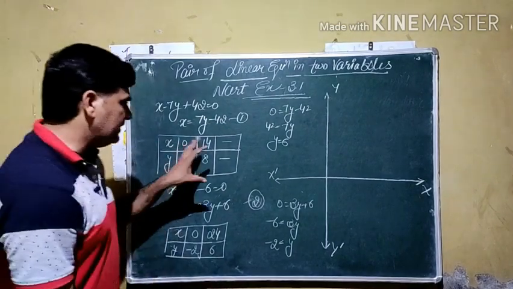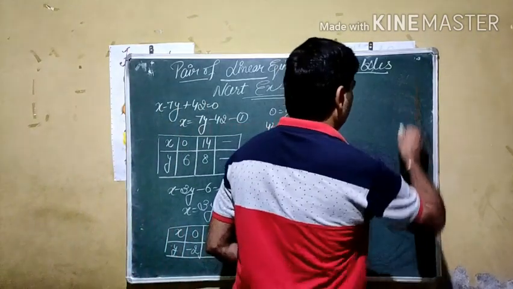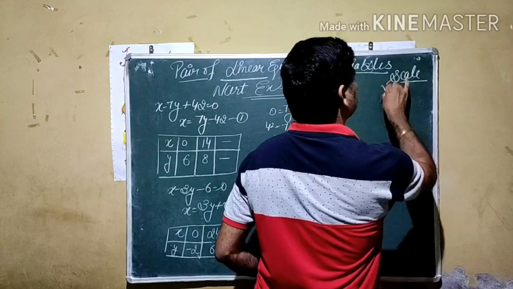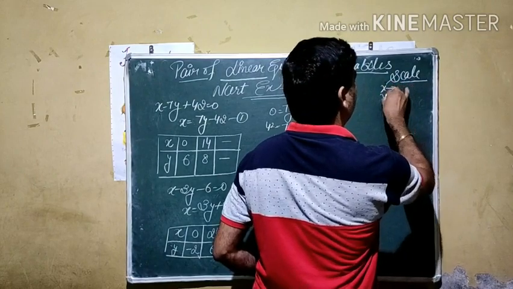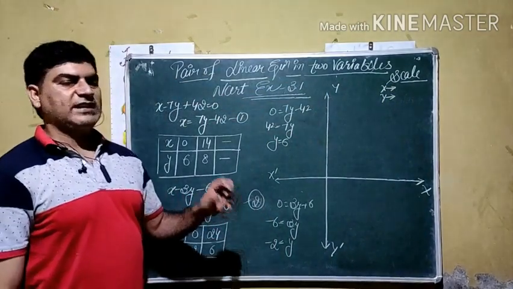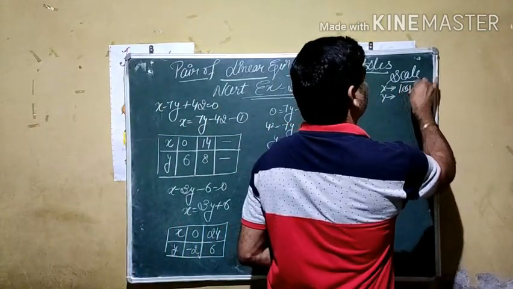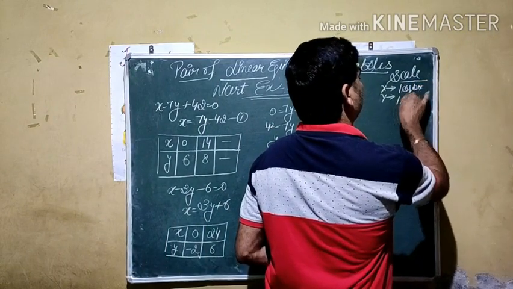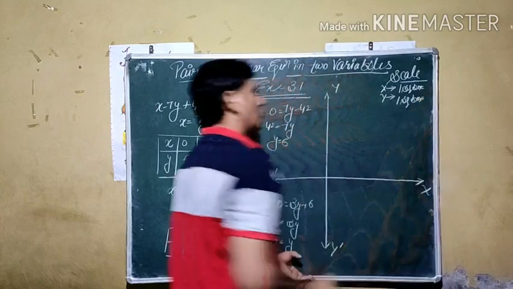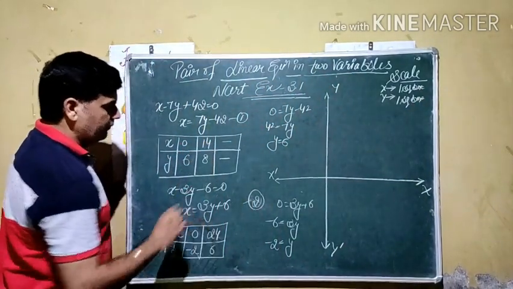Now we are going to represent this. To represent this, we have to choose a scale. Scale means what we are going to choose on the x-axis and the y-axis. We can choose one scale box as any value. On the x-axis, we see the values 0, 14, 0, 24.